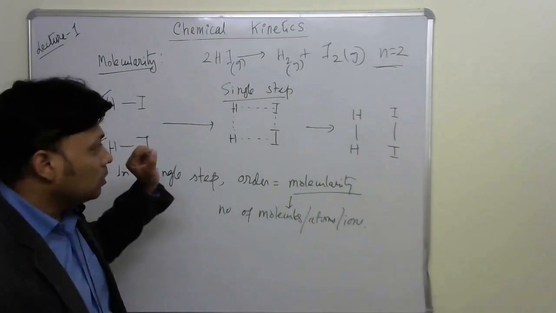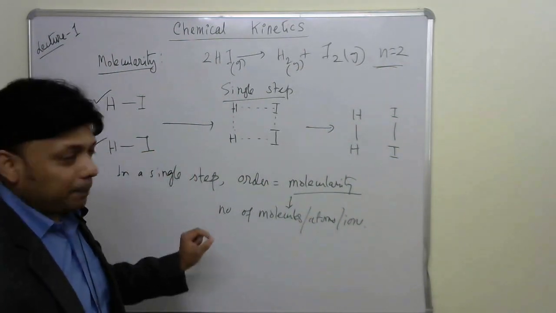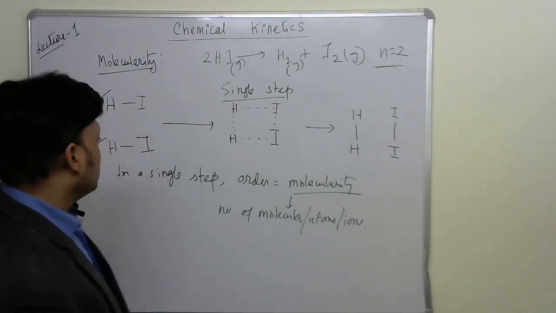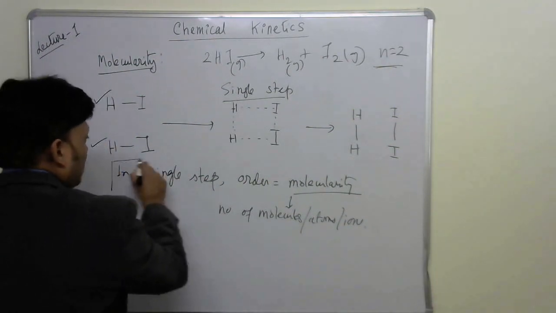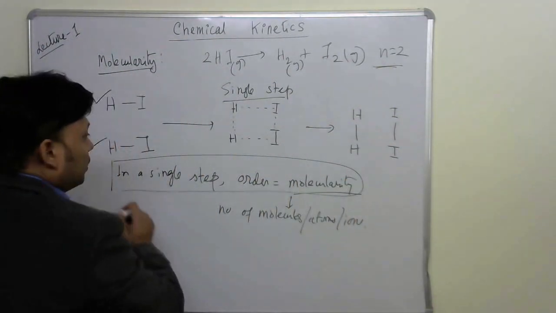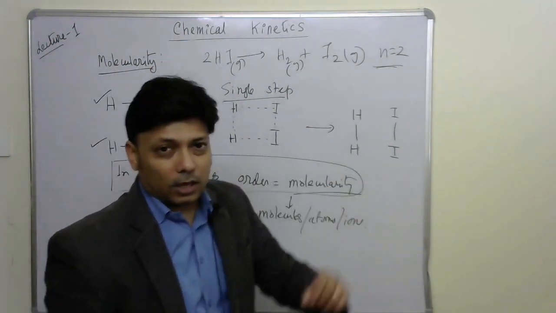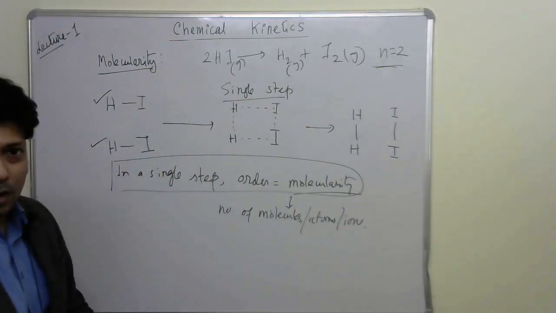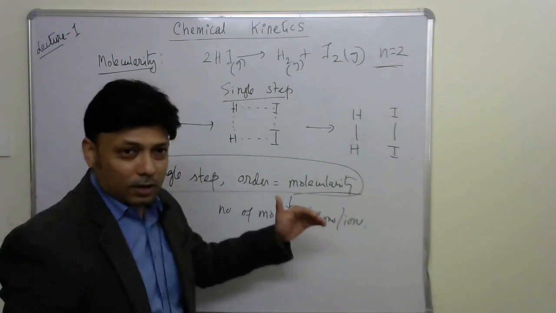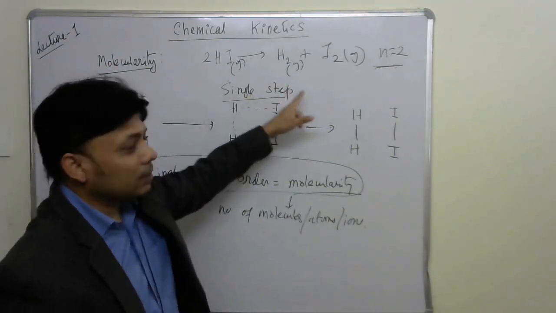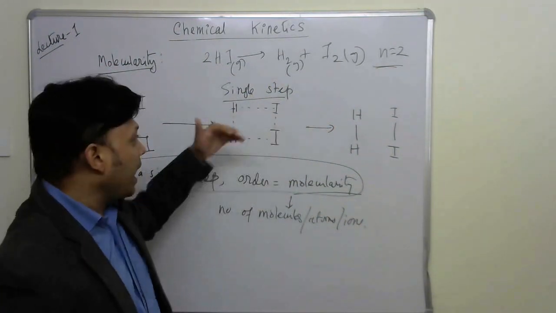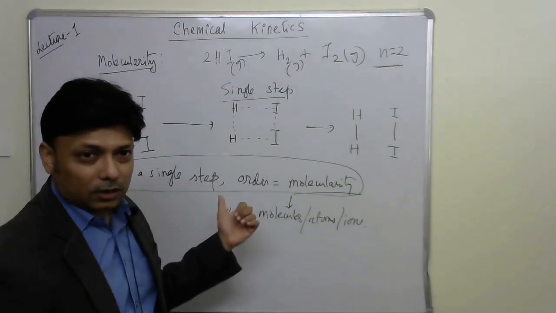It is only applied to a single particular step. So what we learned is that in a single step, the number of molecules colliding with each other straight away gives you the order. But you can ask me, this is a single step reaction, so what happens with the other reactions?